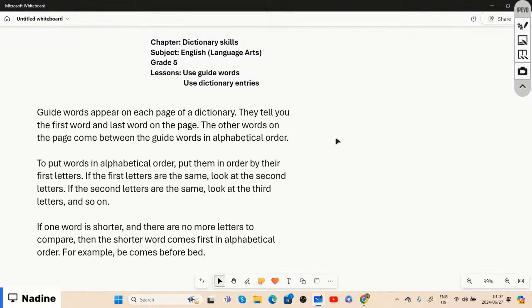So when it also comes to dictionary skills, there are guide words. Like I said, if you're looking for a specific word, you can go to the dictionary and it will give you different words with their meanings.